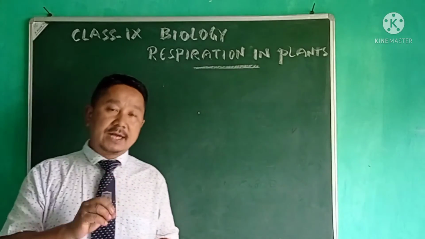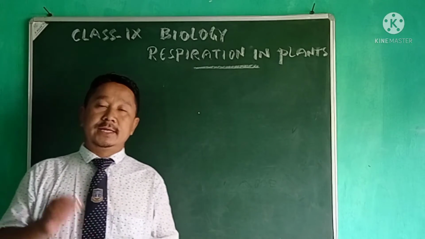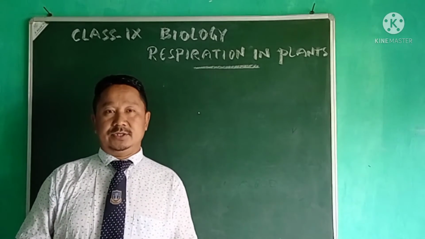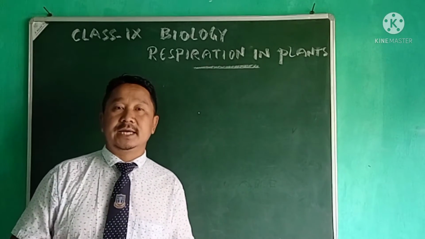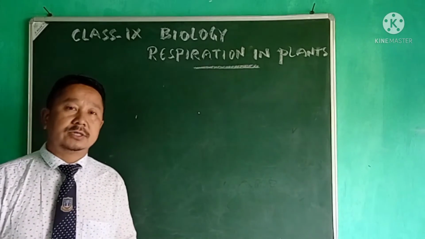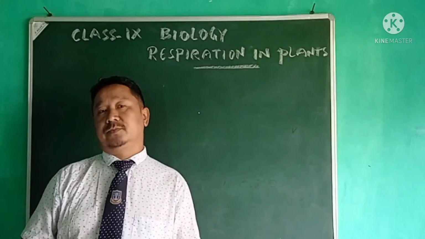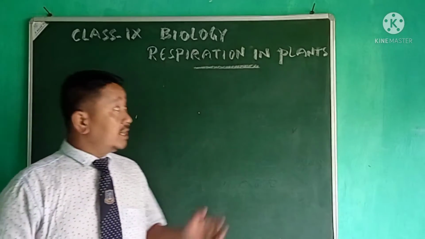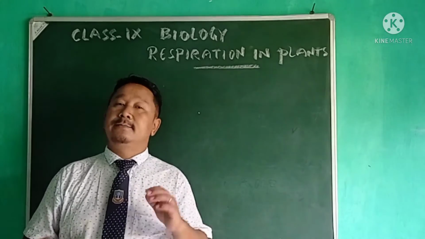That oxygen will go into the cell where it will oxidize the food to release energy. As I've told you, along with the energy, carbon dioxide and water are also produced. This is respiration. Here in this chapter, we talk about respiration in plants.